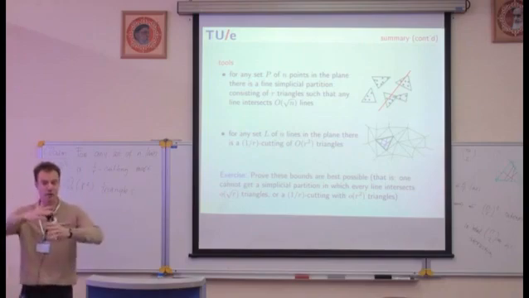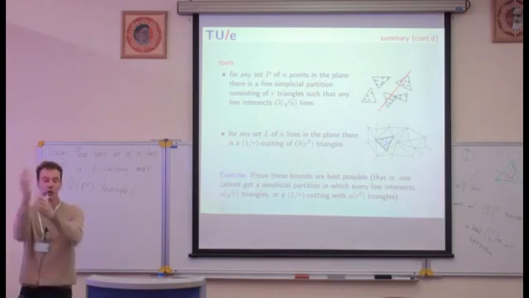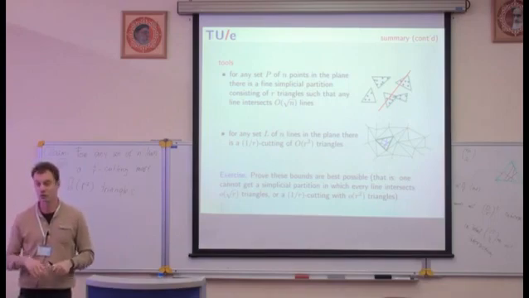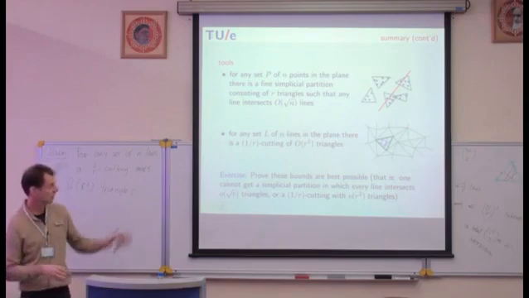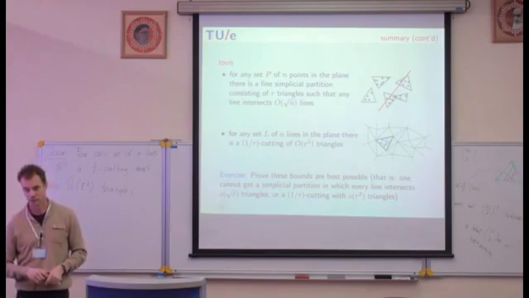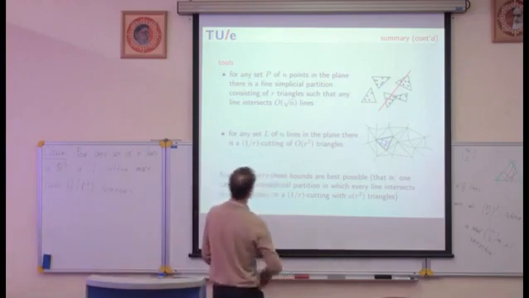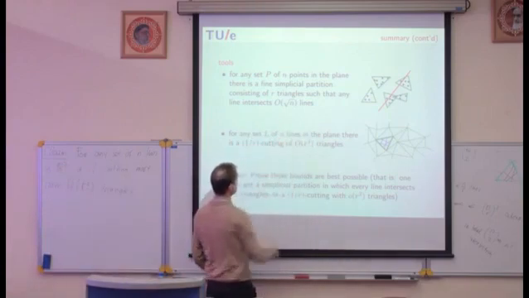But as soon as the set of lines is in general position, so any two lines intersect and all the intersection points are different, the normal case, then you have n squared intersection points, so you need r squared triangles. Okay, so that shows that indeed you cannot do better than this.